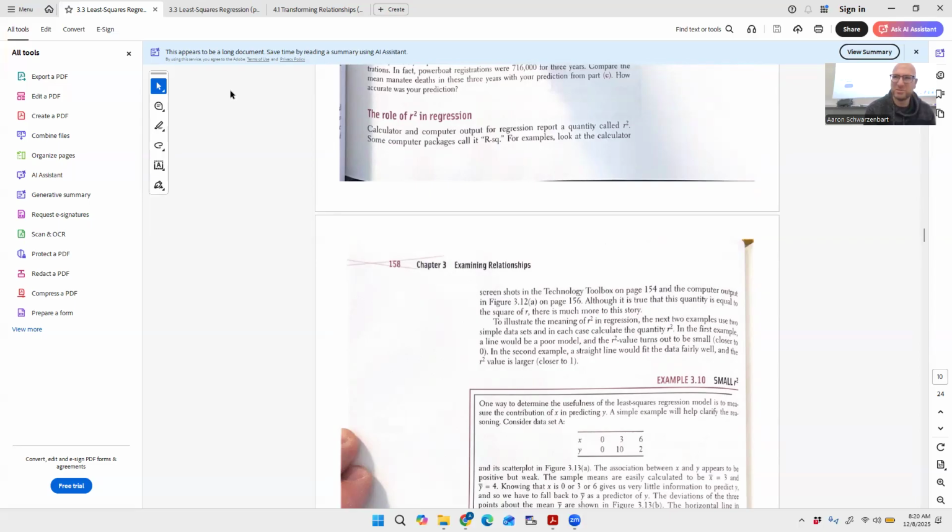You've got to figure out each one's distance from the mean, each value, square them, add them all together, divide by n minus 1, square root it for x and y. And then correlation, I can't remember what it was. No, correlation uses both. I think it multiplies each one's x times each one's y.